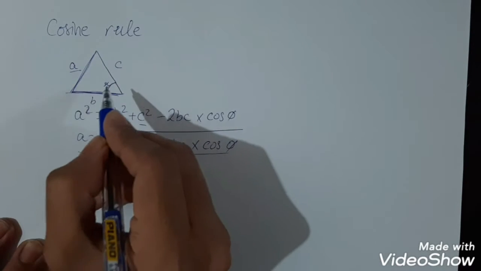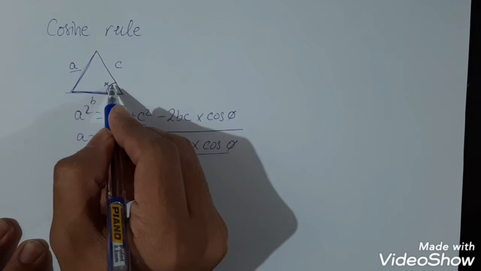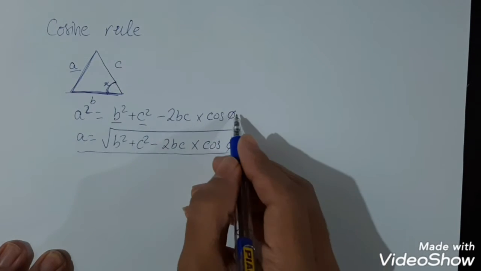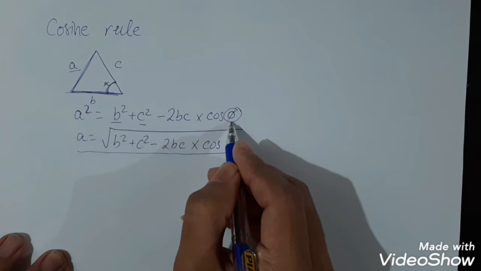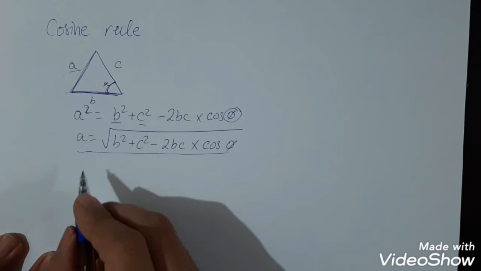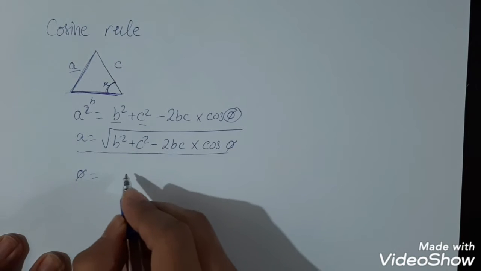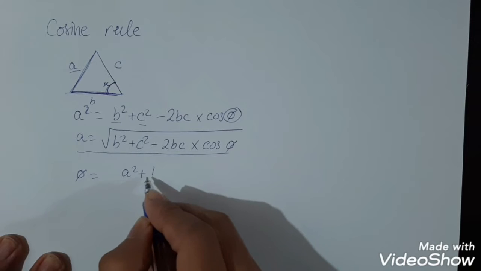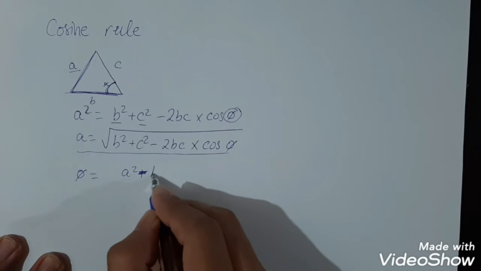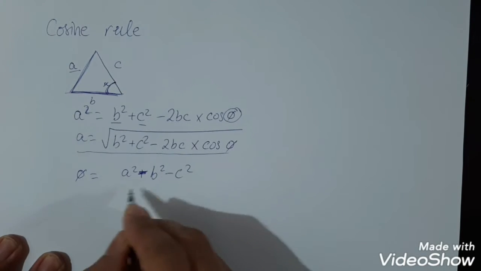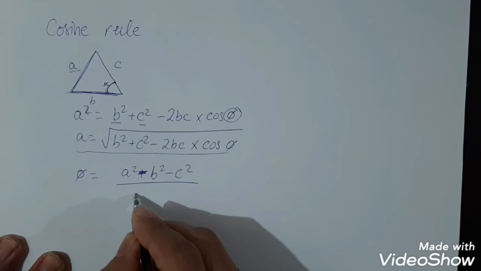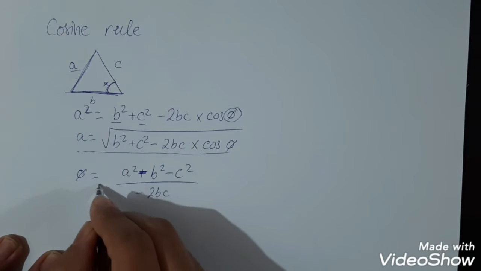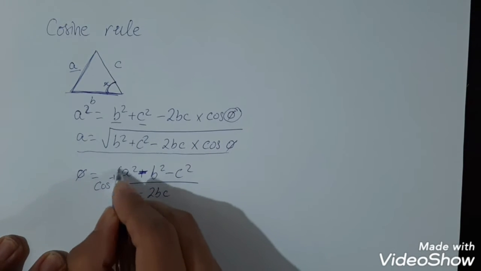But when we have to calculate the angle x, we move the cos separately. So we write cos x is equal to a square minus b square minus c square divided by minus 2bc, and then take the cos inverse.